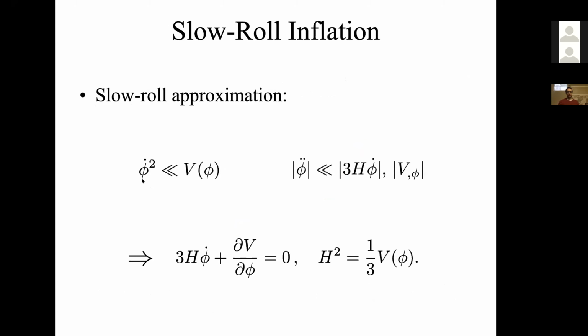This occurs when the kinetic energy of the ball is dominated by its potential energy, and this term in the equation of motion is smaller than these two. If we make these approximations and plug them into the equations of motion, we find that the equation of motion for the scalar field is simply a gradient descent, where H is given by H squared equal to 1/3 V.